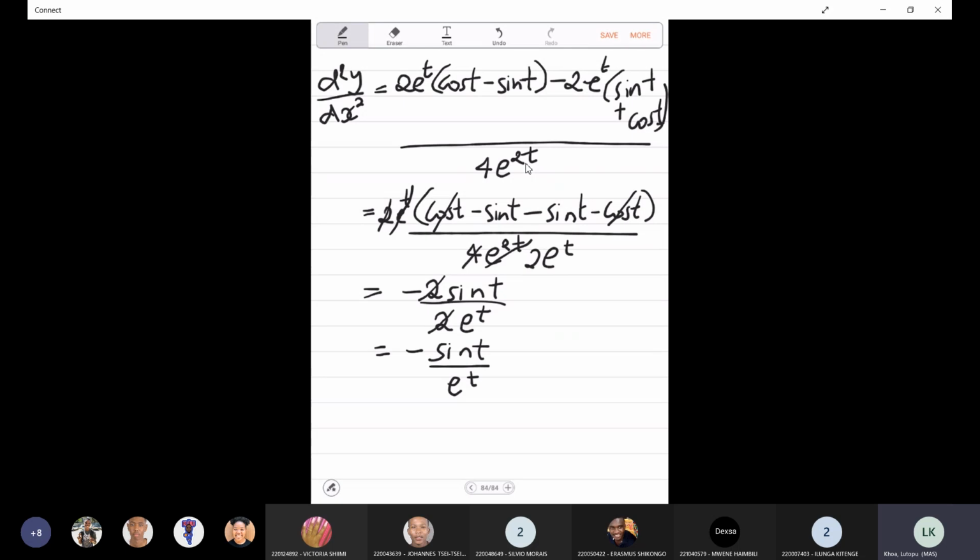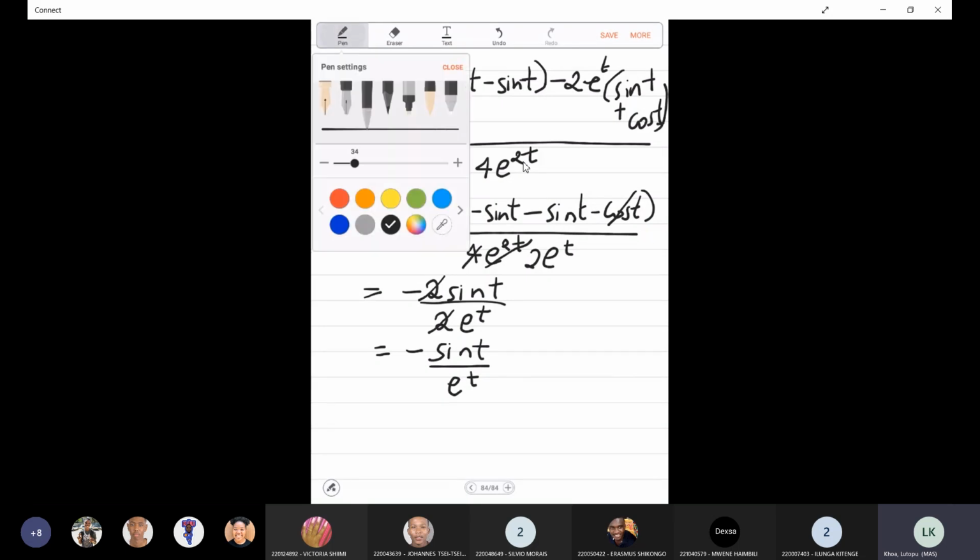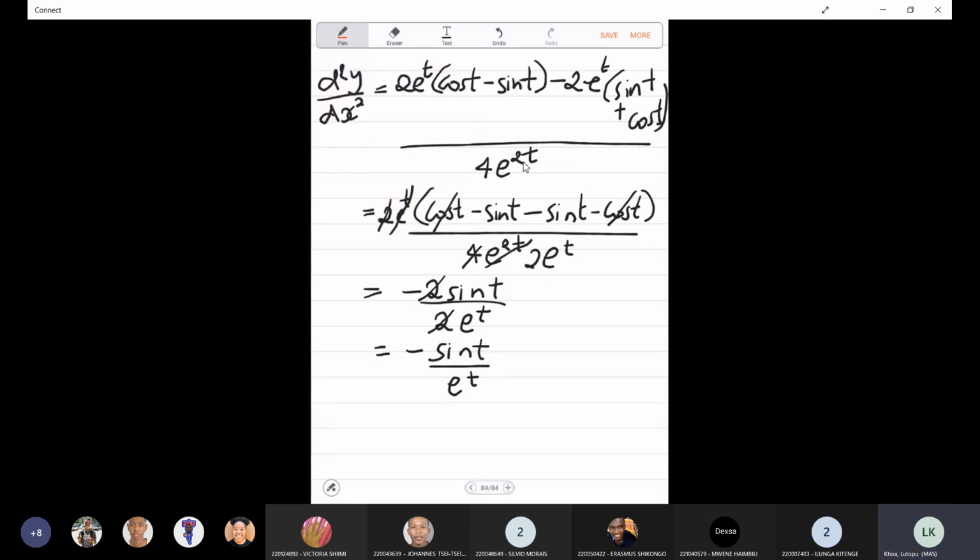Okay, that looks fine. Then we still need to divide by the derivative of x with respect to t. So what's missing?